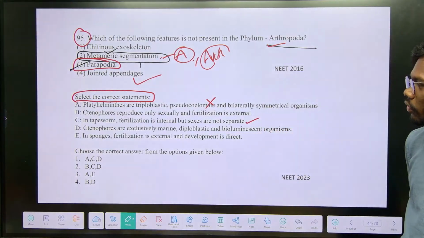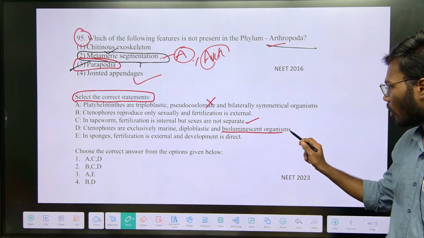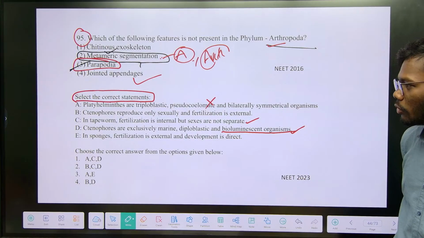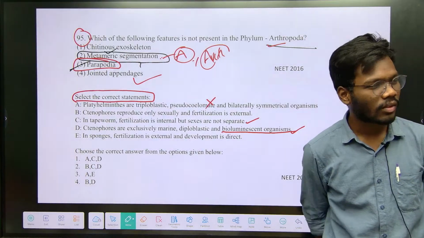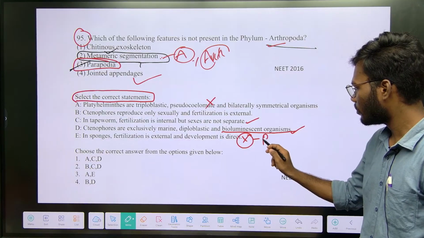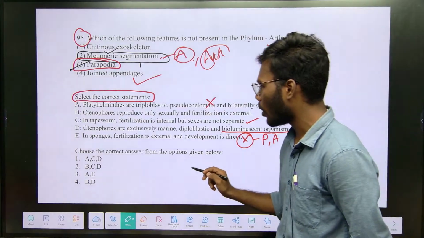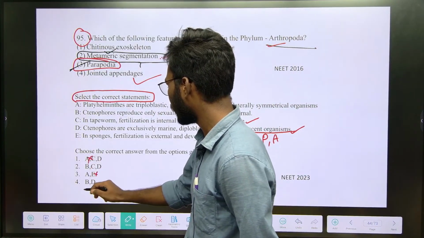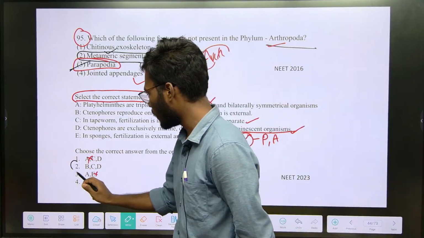Next, ctenophores are exclusively marine and diploblastic, showing bioluminescence. So option D is also right. Coming to E, in sponges fertilization is external and development is direct. Development is direct, so the larval forms are present. So you can eliminate option E and also option A. So B, D and C are right. So the answer is B, C, D.